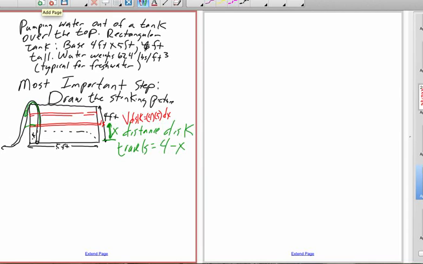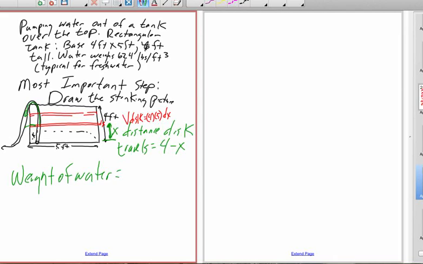So now at this point, we're sort of ready to go, except we don't have a force. What we need to do is find the weight of the water in my disc.